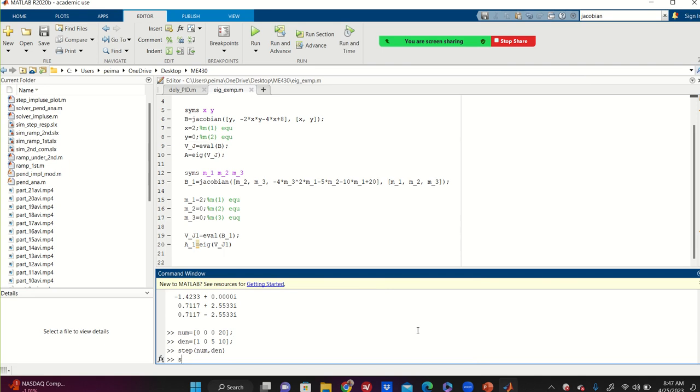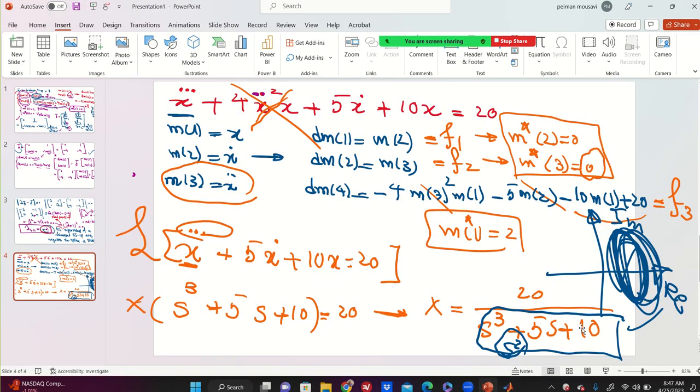Now, bear with me. What was your closed-loop transfer function that we want to find the poles of this system?